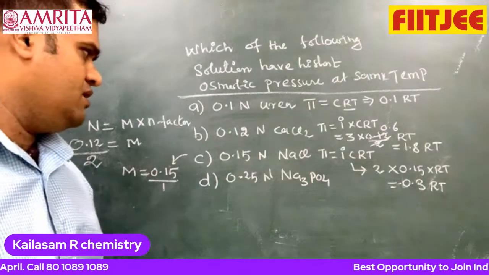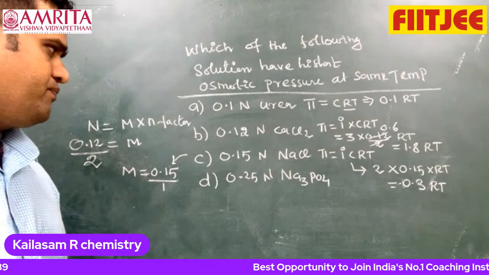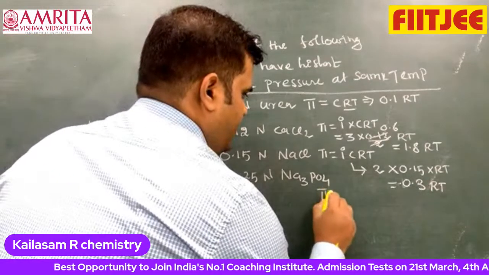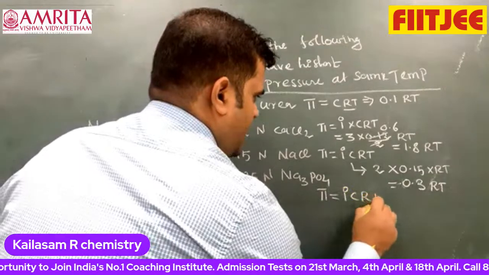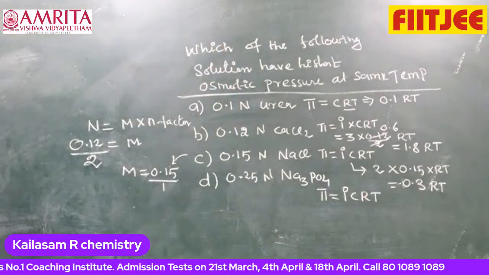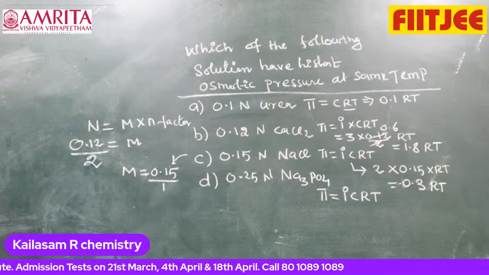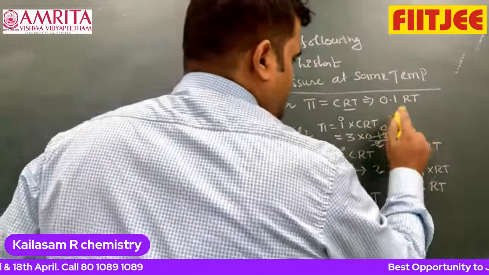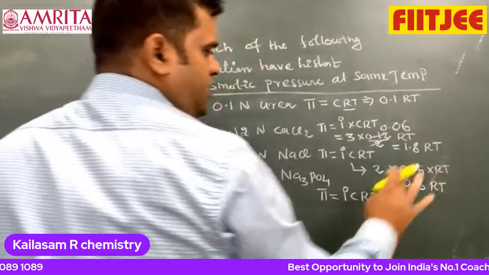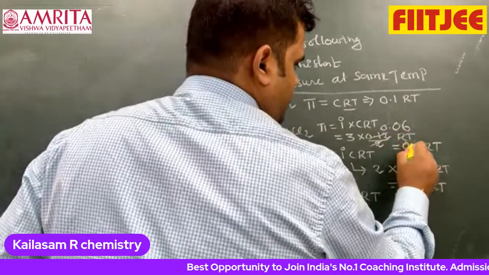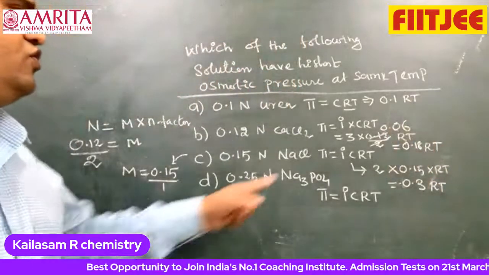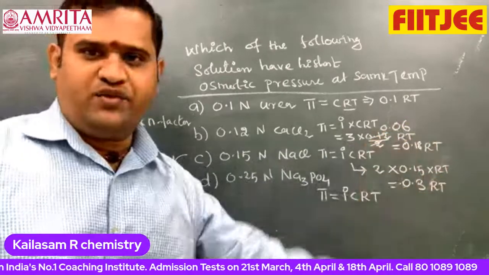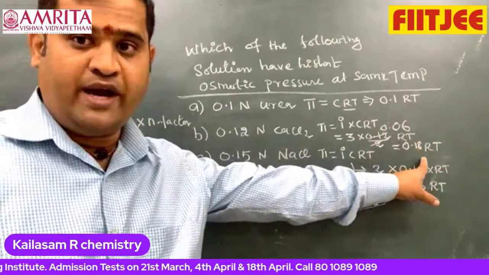Next will be Na3PO4. We can say pi is equal to iCRT. I made a mistake, so for CaCl2 it is 0.12 by 2, which is 0.06, therefore 3 into 0.06 is 0.18 RT.